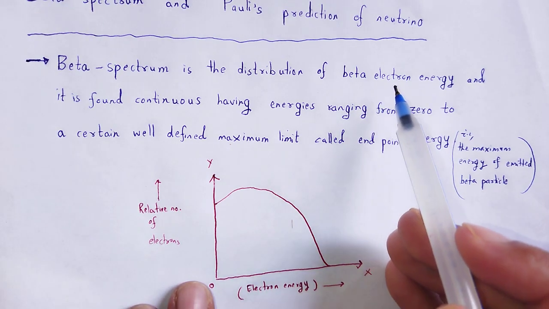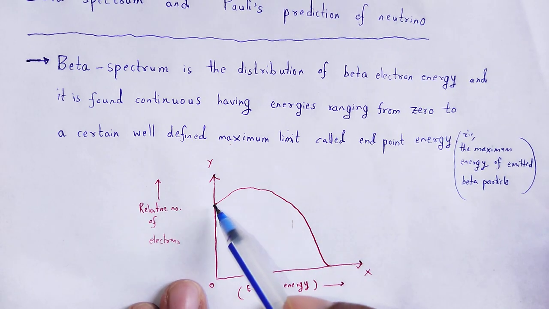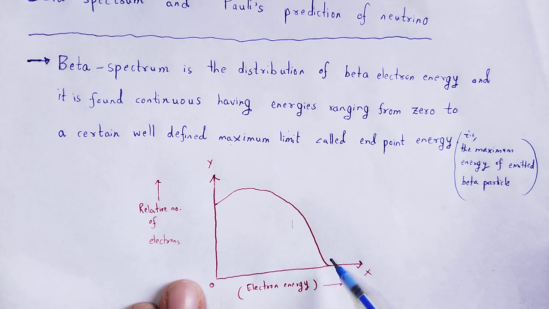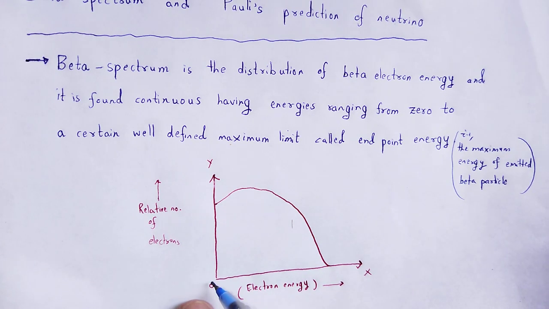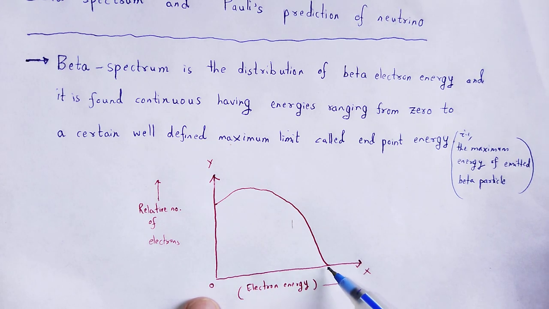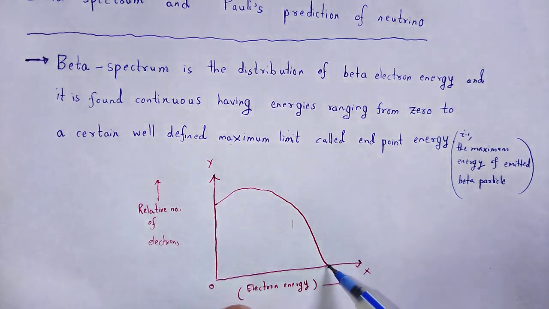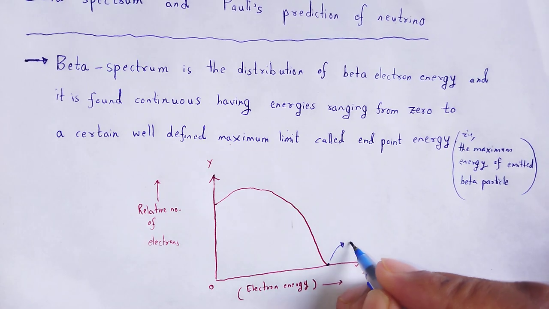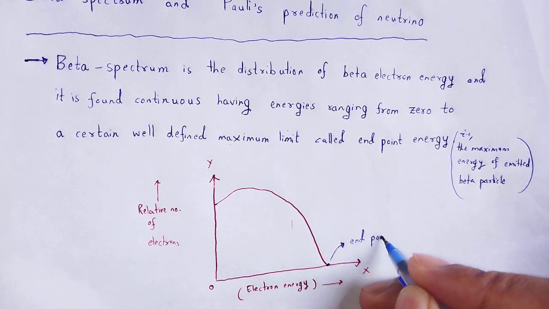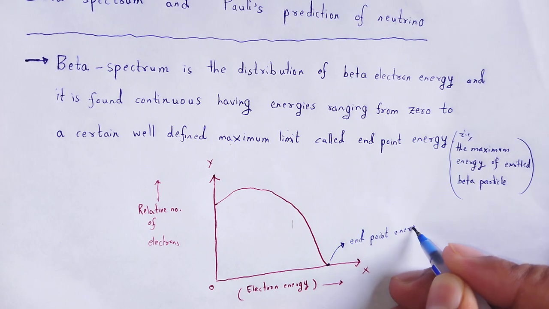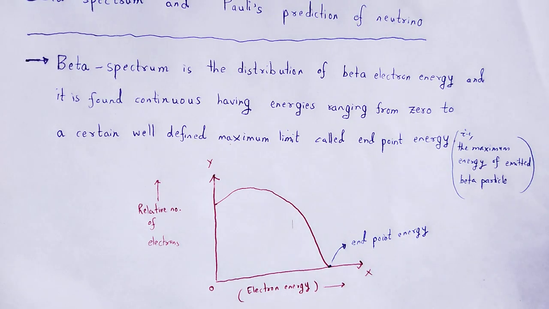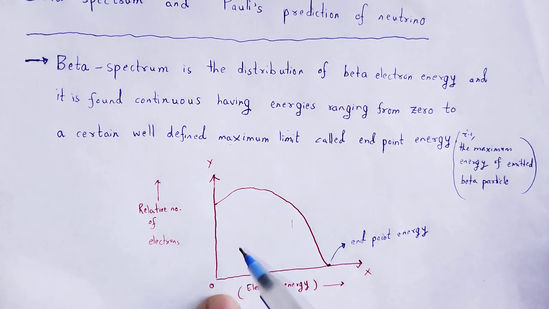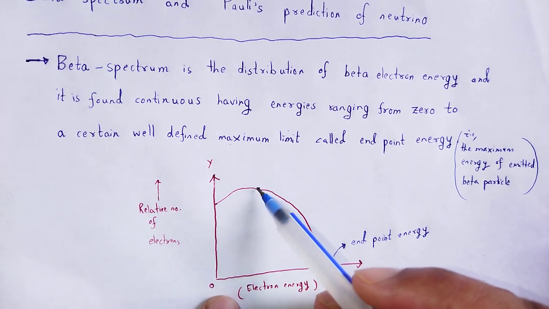So, the beta electron energy here we found continuous rather than discrete, and that energy ranges from 0 to maximum energy, and that maximum energy is called the endpoint energy. At different energy, the relative number of electrons is also different.